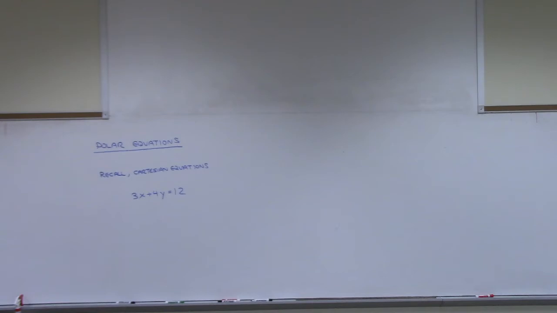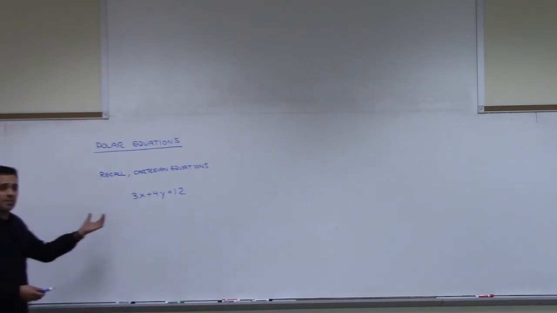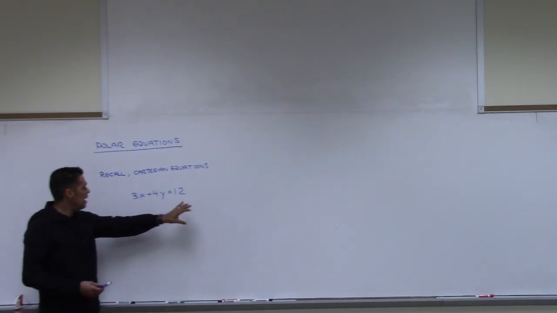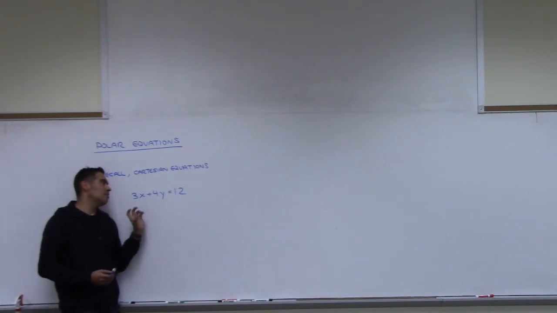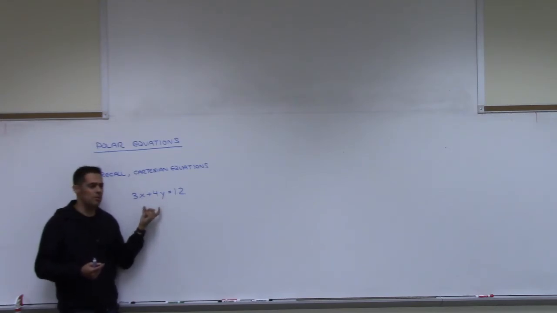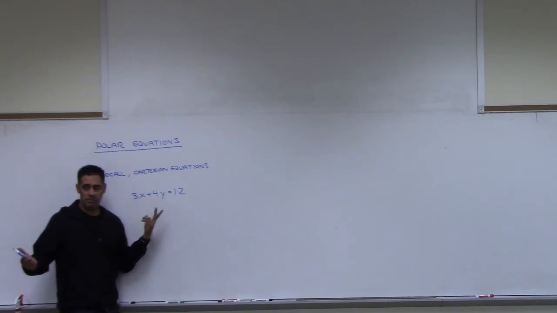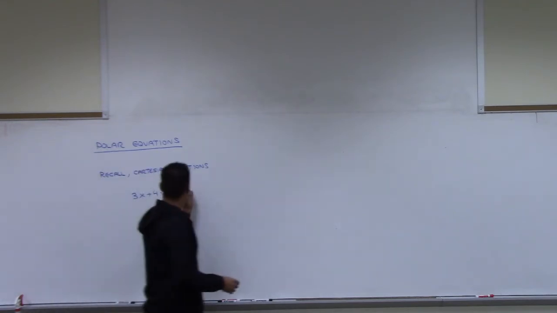Our x's and our y's have always represented points on a graph. And so if I were to ask you to just visually tell me what all the solutions to this equation would look like, you would say it looks like what? A line, right? This would be a line, visually. This is a linear equation. Yes? Okay, so this would be a line.